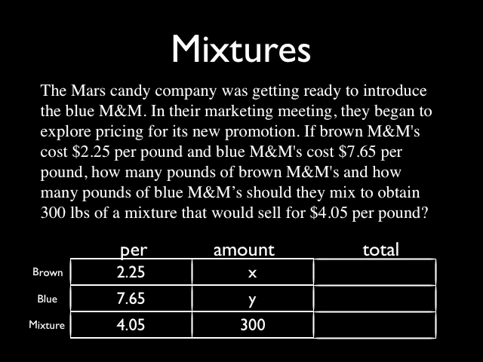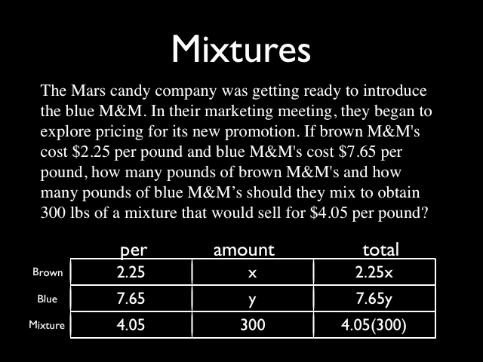So if I take $2.25 per pound times X pounds, that obviously gives me 2.25 times X, but what does that number mean? What that number really means is 2.25X is the amount of money that the brown M&Ms in the mixture are worth. Because we have my cost per pound times my number of pounds.